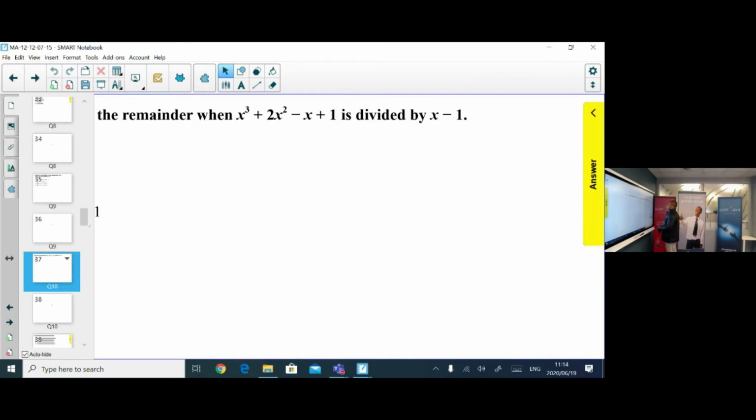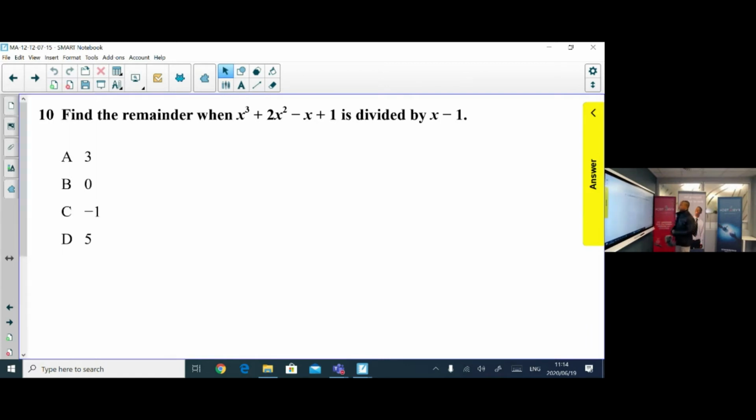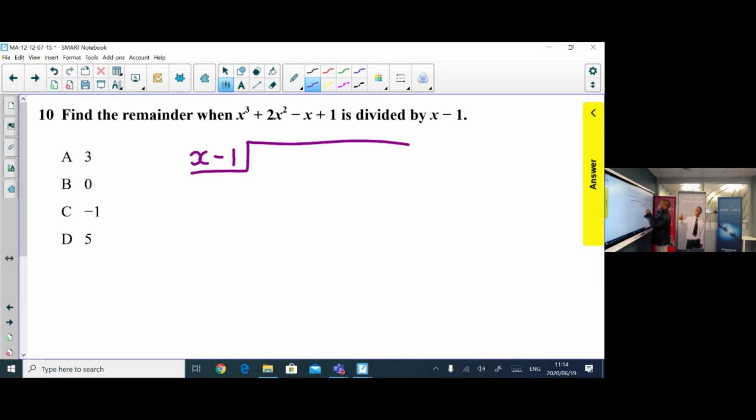So there is our question, and let's look at it by now and find out how you can solve it. So let's use the long division for this one. You can use any other method, it's just our choice that we use long division. So you will say x minus 1 dividing into x cubed plus 2x squared minus x plus 1.